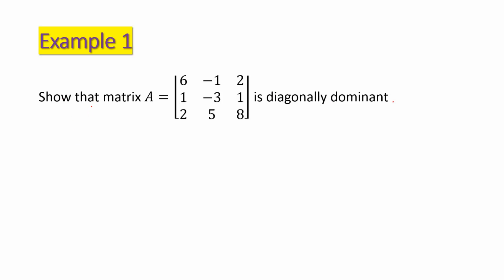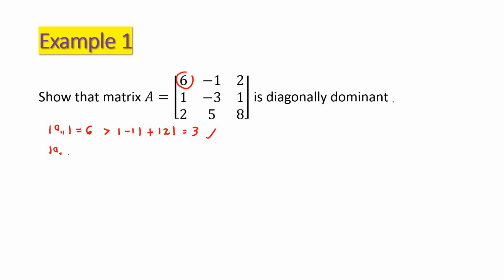To show it, the magnitude of a11 is 6, which is greater than the magnitude of -1 plus the magnitude of 2, which is 3. So 6 is greater than 3.